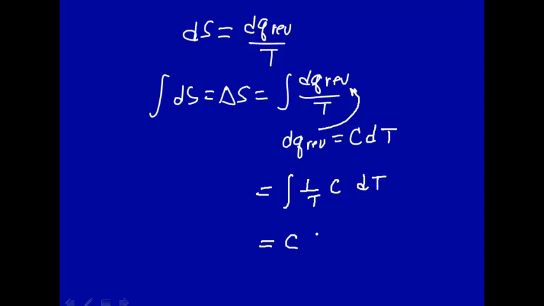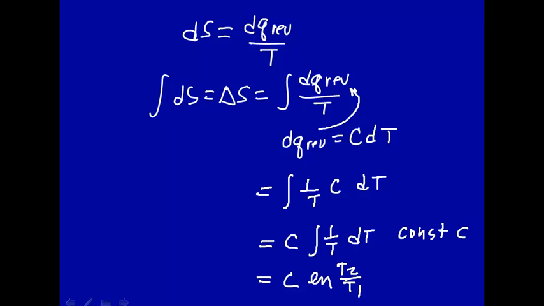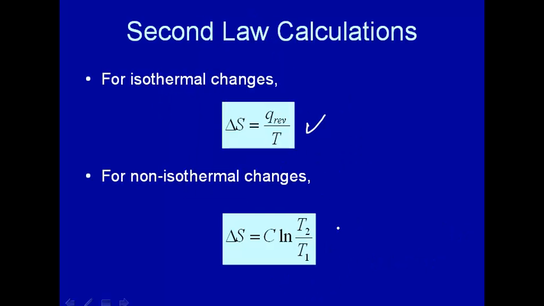So the heat capacity, the integral of 1 over temperature dT, constant heat capacity C, and the integral of 1 over T is just C times the natural log of the final temperature divided by the initial temperature. This is how you would calculate entropy changes if the temperature is changing.